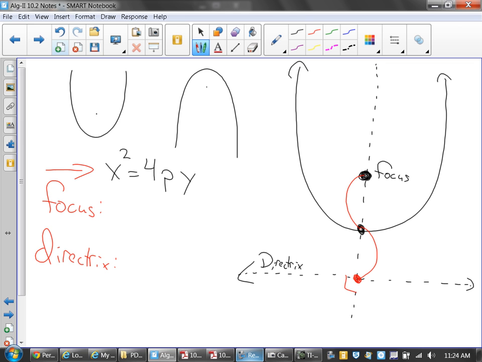Again, if you think about it in terms of this being the origin, if this is 0, 0, what is the x-coordinate for the focus going to be if it's up like a cup or down? 0. It's going to be 0, and then whatever p is.